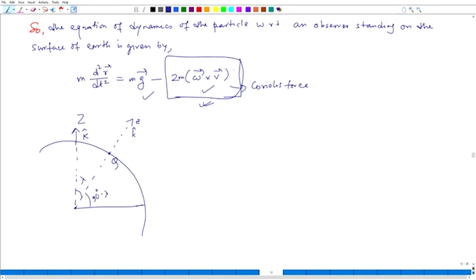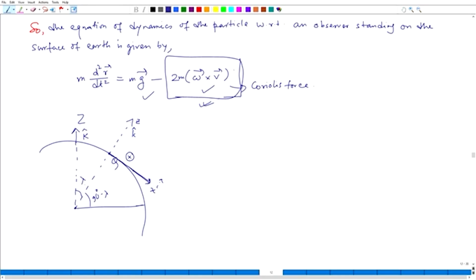Okay. Then one can actually choose without losing any generality, the small x direction, of course the i cap direction, will be along the tangent plane of the surface of the earth. And then of course, if x and y should be giving z direction by right hand corkscrew rule, then y cap should be directed towards the inward direction of the plane of the paper.